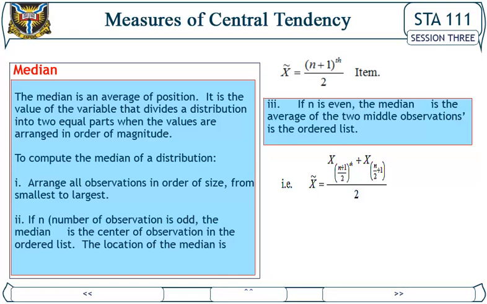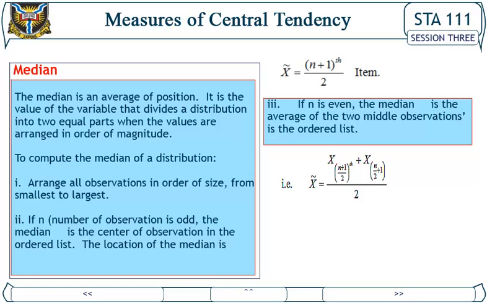Arrange all observations in order of size from smallest to largest. 2. If n, the number of observations, is odd, the median is the center observation in the ordered list. The location of the median is x bar equal to (n plus 1) over 2 item. 3.